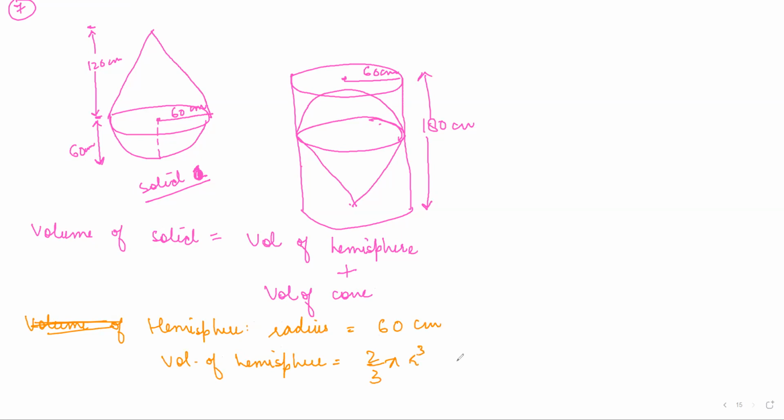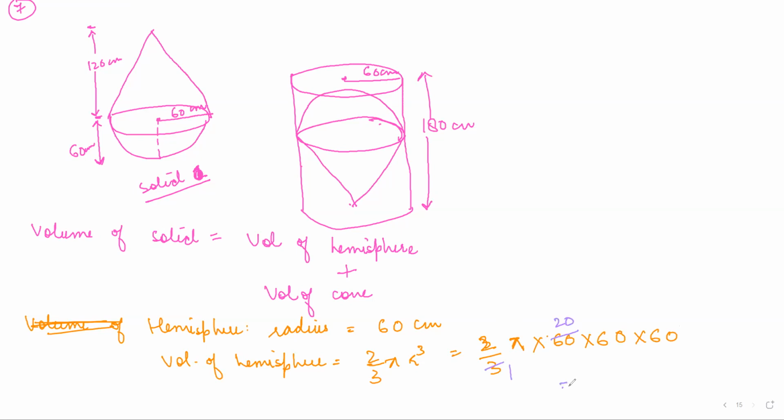Yes, ma'am. Put here 2 by 3 and pi. It's not written that 3.14, so you could take 22 by 7, or leave it in pi because ultimately you have to subtract. And r cube, that means 60 into 60 into 60, clear? So 1 3 will go out, this will be 20.